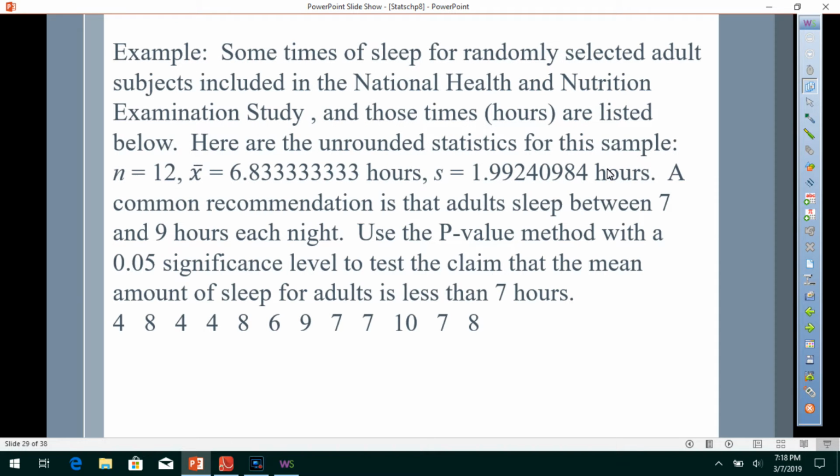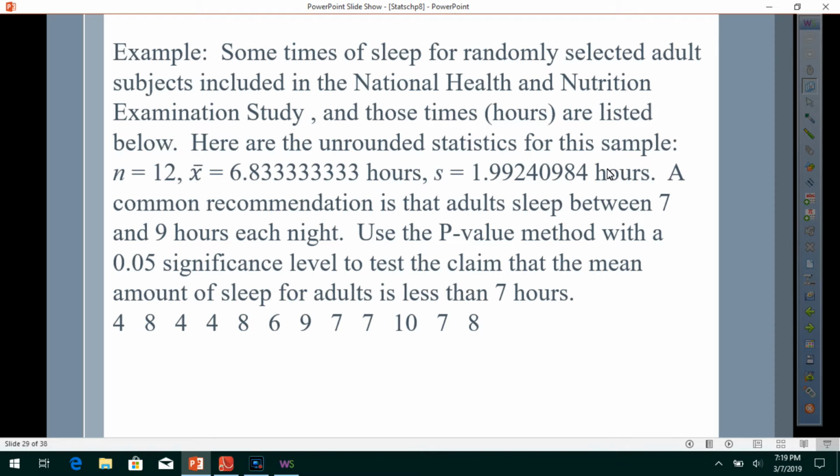Example: sleep times of randomly selected adult subjects included in the National Health and Nutrition Examination Study, and those times in hours are listed below. Here are the unrounded statistics for the sample. n equals 12, x bar equals 6.83 repeating hours.